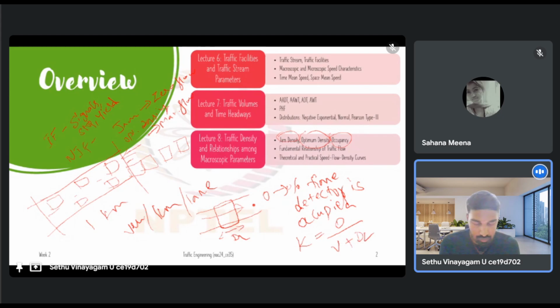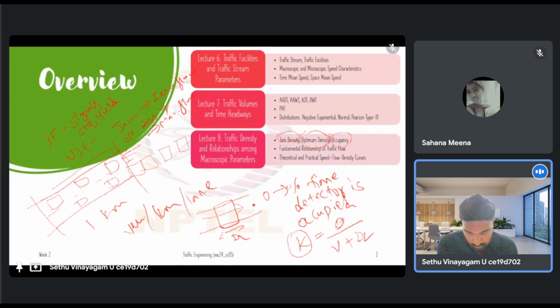And why is this important? Because density is difficult to calculate from the field. Why? Because you need to look at the whole stretch of the roadway, whereas for the loop detector, you just have to look at one particular point. So the occupancy value is much easier to obtain than the density. From the practical aspect, that's why we look at occupancy, because we can estimate the density given a particular occupancy value.